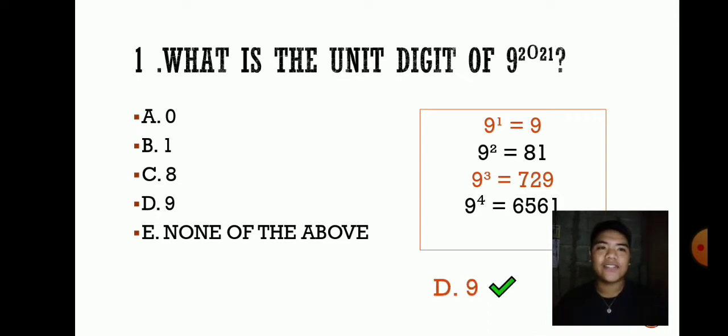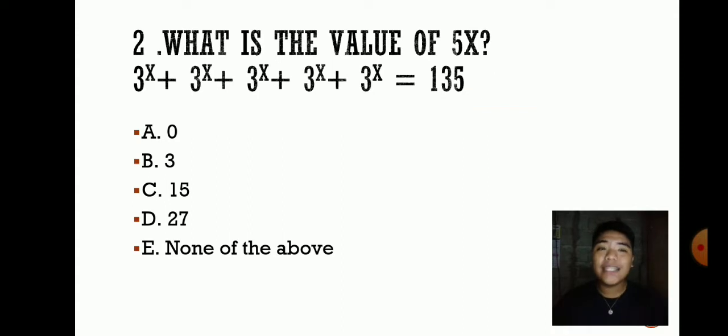Okay, next. What is the value of 5x, given that 3 raised to the power of x plus 3 raised to the power of x plus 3 raised to the power of x plus 3 raised to the power of x plus 3 raised to the power of x is equal to 135? The choices are 0, 3, 15, 27, and none of the above.